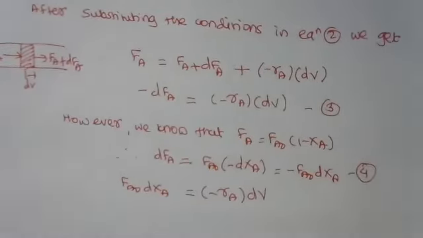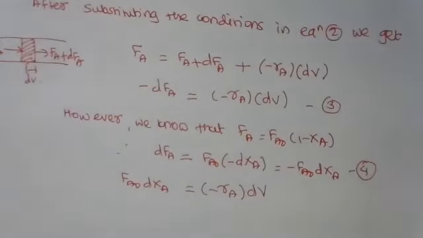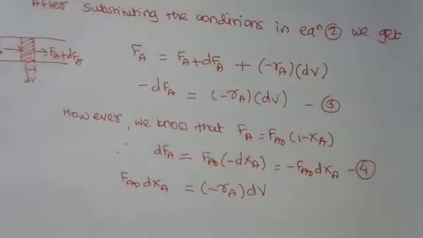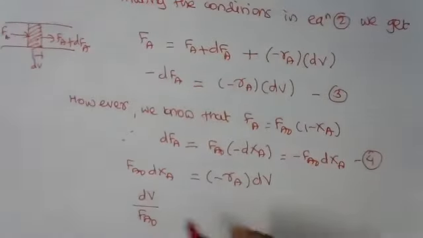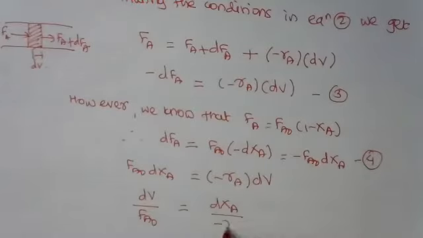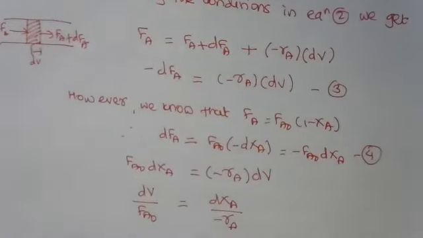Now if you rearrange this, we can write this as dV upon FA0 is equal to dXA upon minus RA. So this is equation number 5.